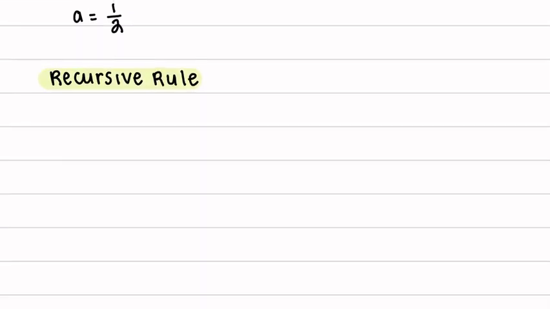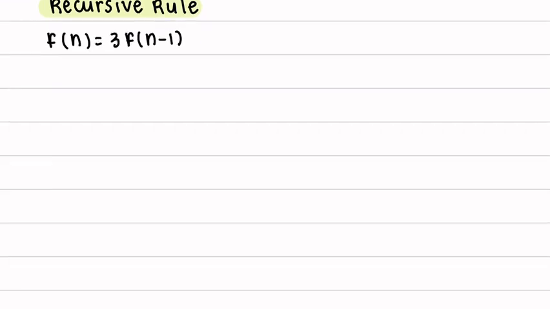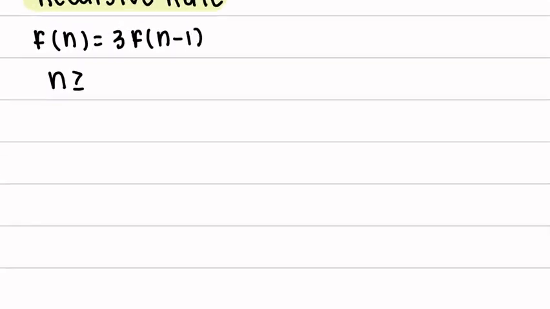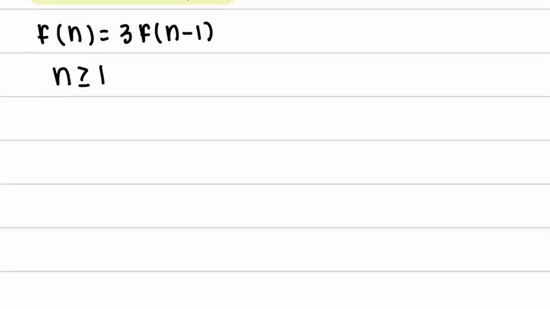So the recursive rule is going to be f of n is equal to, it only uses the common ratio in the equation, so 3 times f of n minus 1, or the previous term value, where n must be greater than or equal to, well, if I started with a term number of 0, then n must be greater than or equal to 1 in order to use this rule.